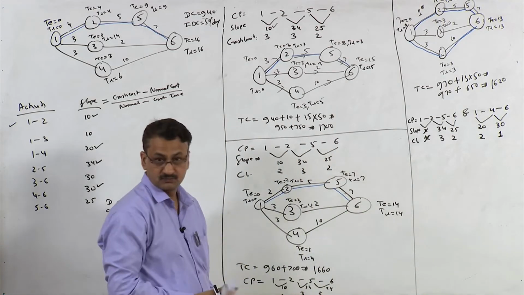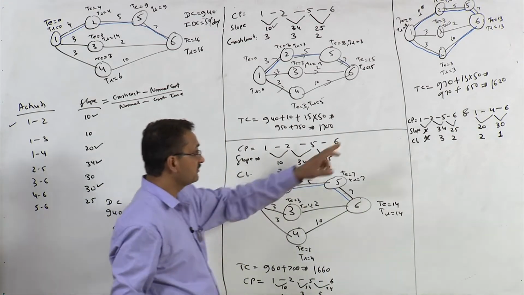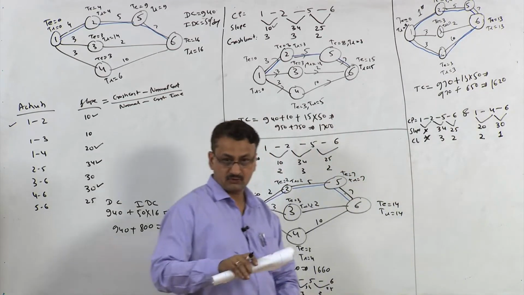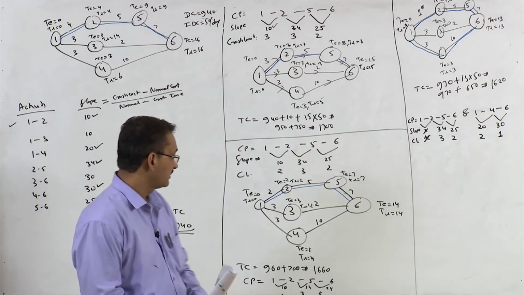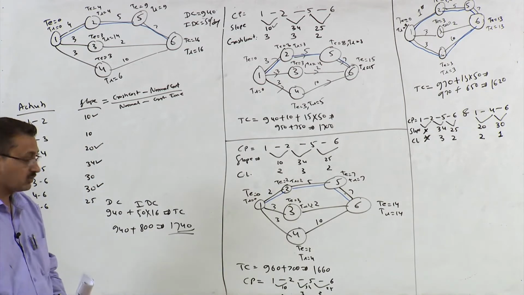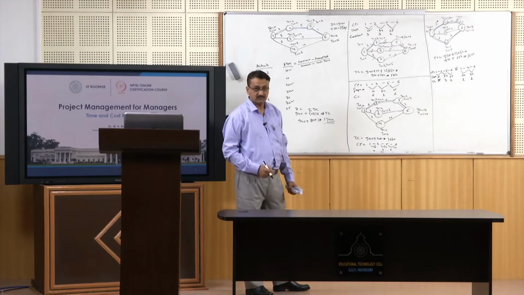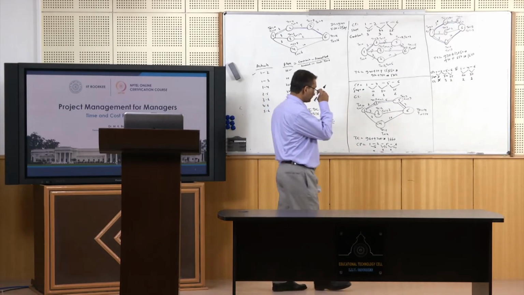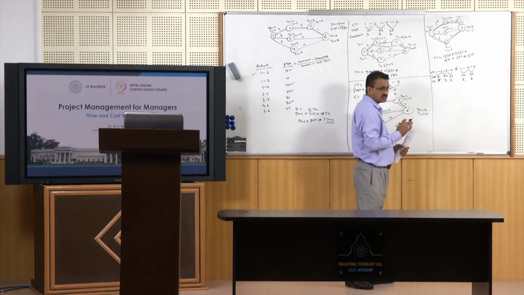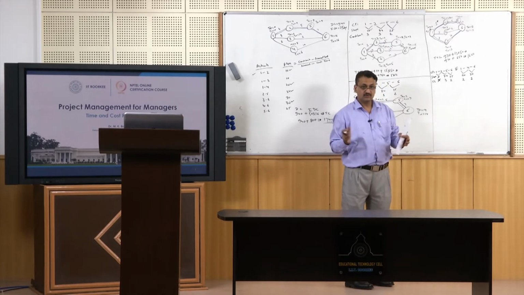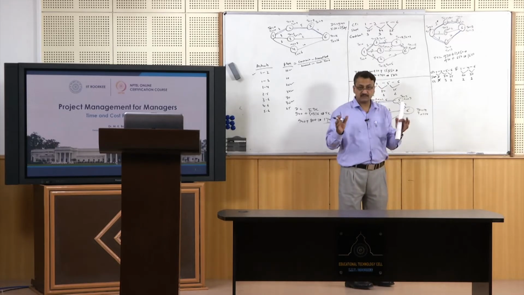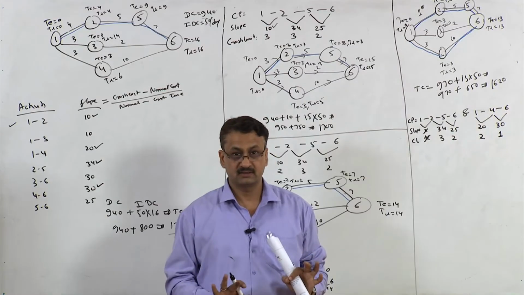Now what to do? Since you want to reduce the duration of this project from 13 days to either 12, 10 or whatever it is, right? Because we don't know at what duration the cost would be optimum, right? So you have to take a decision. First decision is that to reduce the duration of the project, you will have to reduce both the critical paths simultaneously, right?